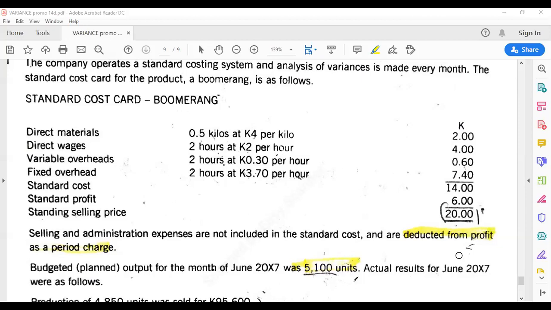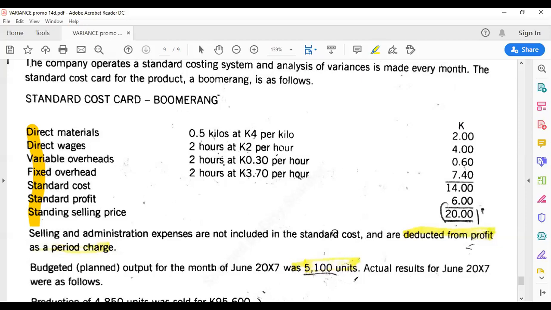To get our question underway, we as usual begin with material, because as you can see, we can simplify the cost card the way it is to avoid wasting time. So we're going to do all the variances, but let's begin with material variances. And we'll be discussing a few things as we calculate.